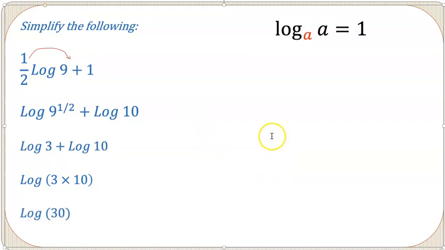Right? And that takes us to the end. So half log 9 plus 1 simplifies to be log 30.